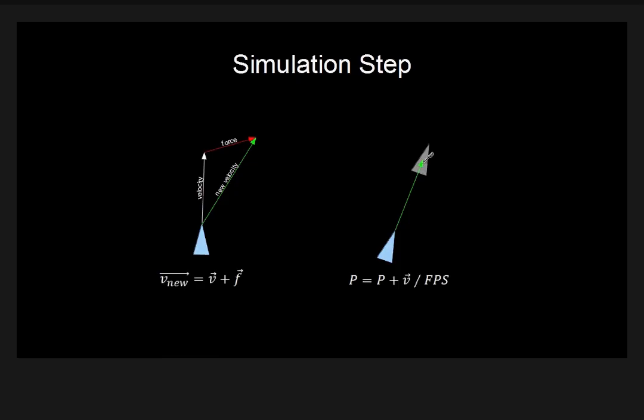But since the velocity has the unit meter per second, this movement should be done in 1 second. That's why we have to divide the vector by the frames per second to get the vector just for this time step. This is quite simple.